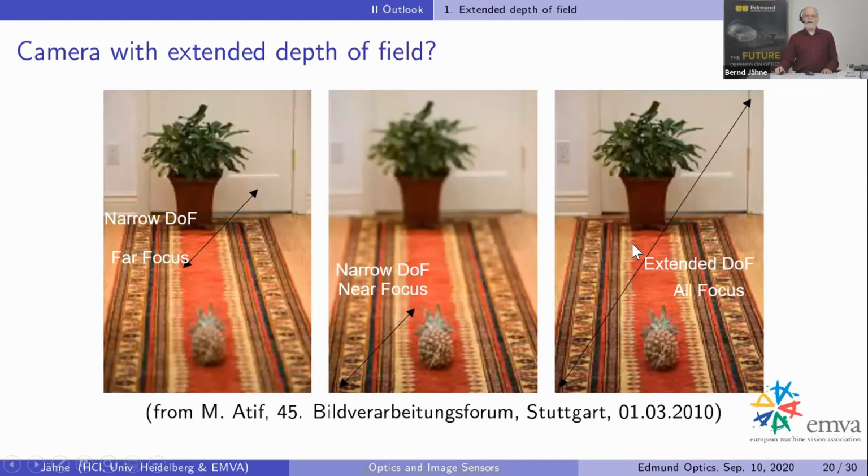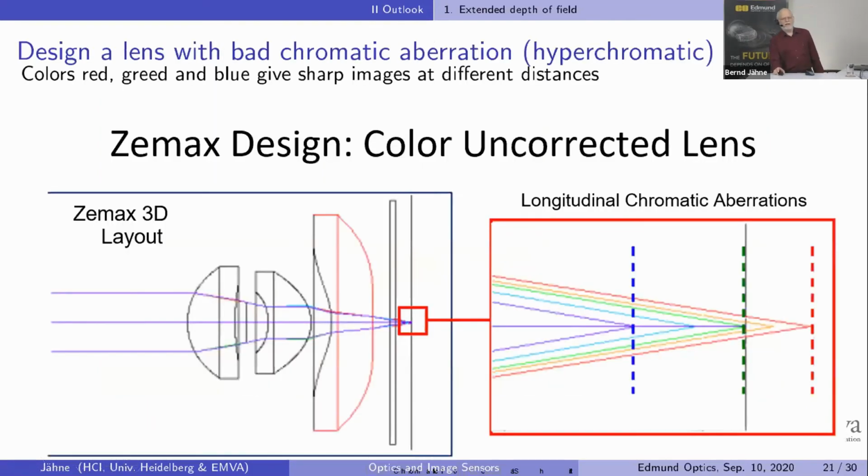And this can be done, interestingly, if you design a bad lens. So normally you think about, let's have a good lens, which makes a perfectly sharp image. But the idea here is, let's take a lens which basically has a bad chromatic aberration, a so-called hyperchromatic lens, which basically focuses the blue, the green, and the red to different distances.